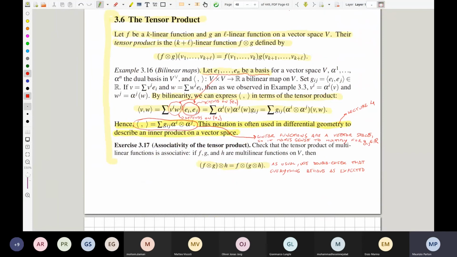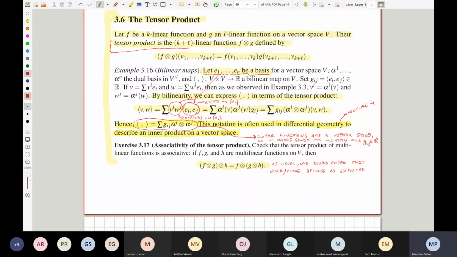Well, we will use the notion of tensors, and so this is what a tensor product is. It's just a product of two linear functions. I mean, you have a k-linear function and an L-linear function. The tensor product is just a map which is (k plus L)-linear.